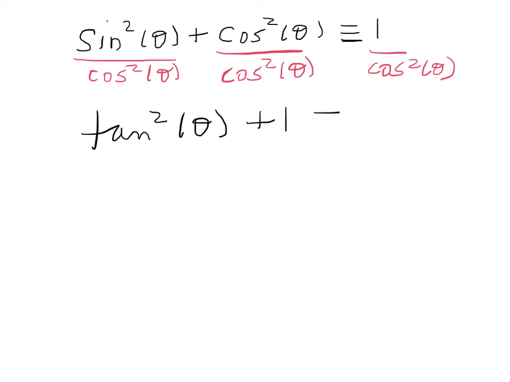This is 1. And 1 over cos is sec, so this is sec squared of theta. And that's an identity also, and so we indicate it by using another line there. So those are two quick identities, two important relationships in trig that we will continually use.